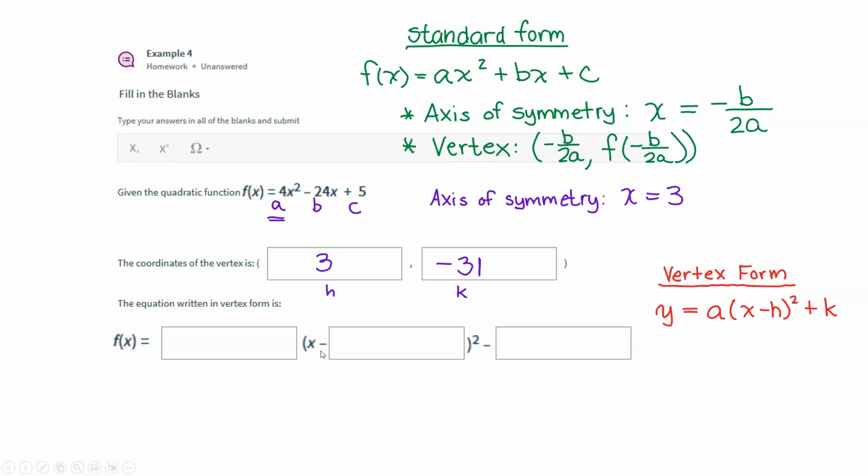When you substitute it into this formula, you're still going to have the 4. You're going to have the minus 3, and you're going to have a negative 31. The minus is already given to you because that's what k was. And that's how you can convert to vertex form once you determine what the vertex of something in standard form is. You don't necessarily have to complete the square, although that is a method that you could possibly use.